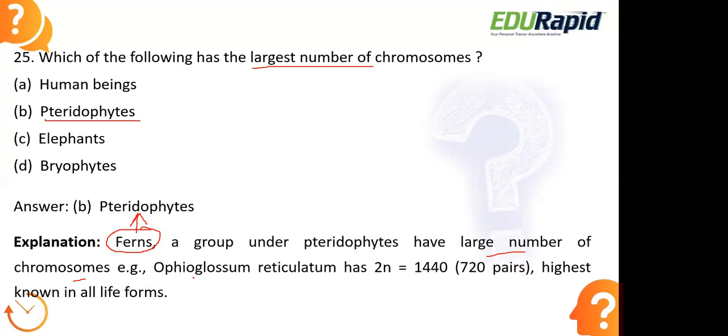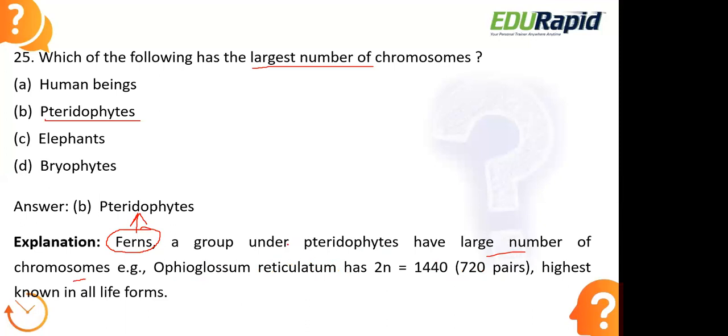For example, here we have one type of fern belonging to the pteridophyte group, that is Ophioglossum reticulatum. It is an organism which has about 1440 chromosomes, that is approximately 720 pairs of chromosomes.